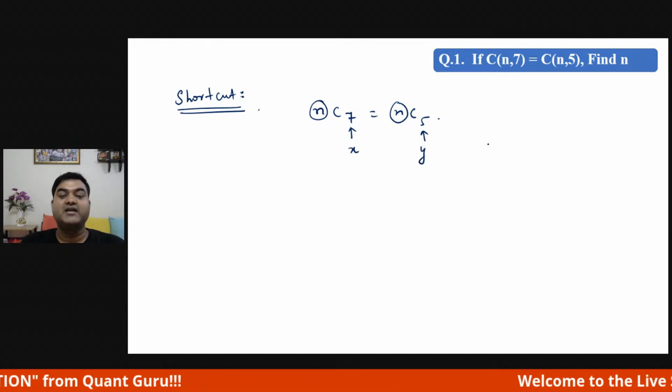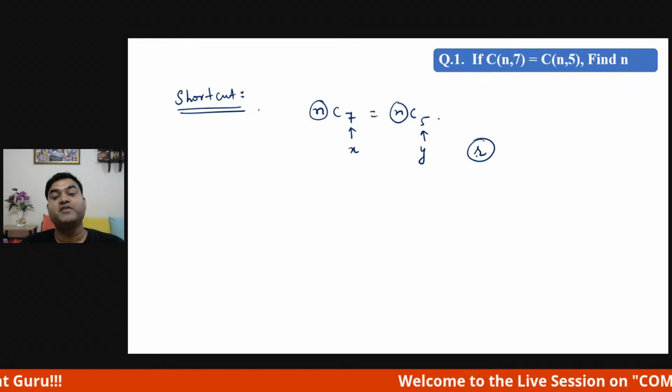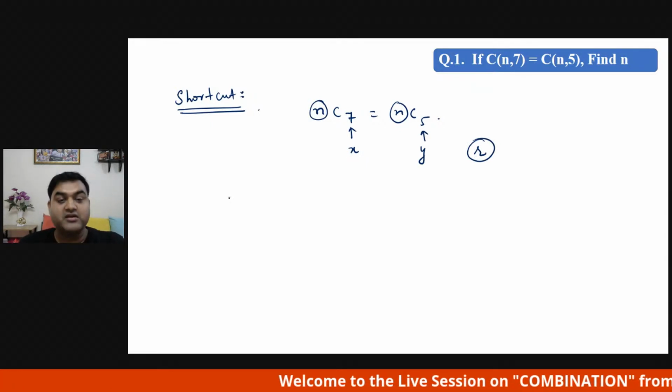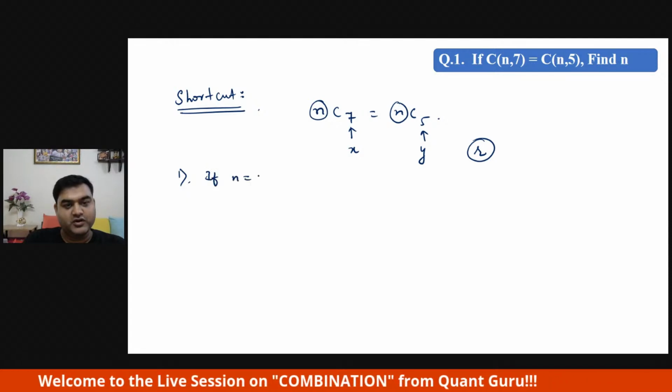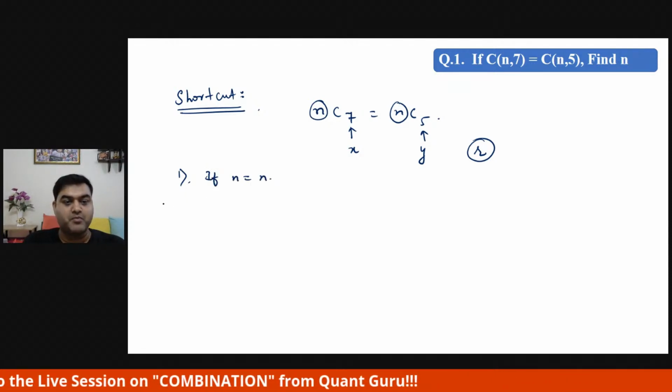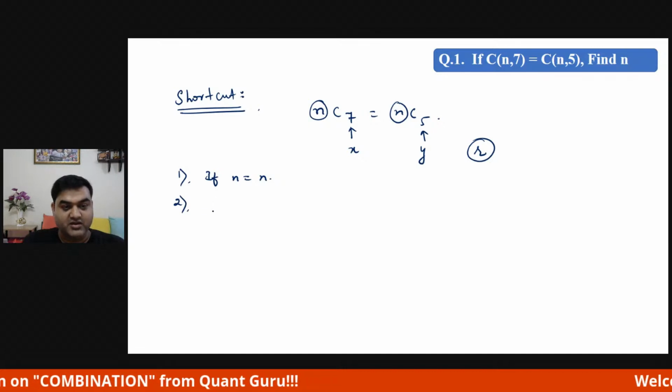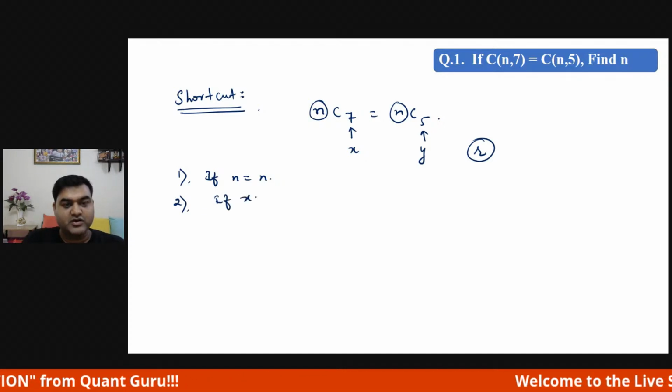We are considering the different values of r as x and y. And if n is equal to n, both sides' n value is the same, then what we will check is whether x is equal to y.